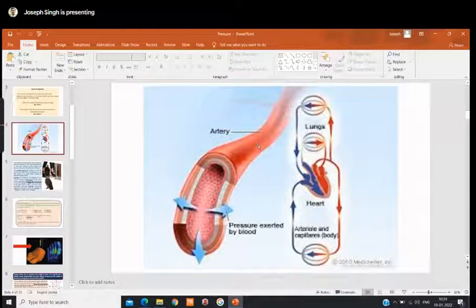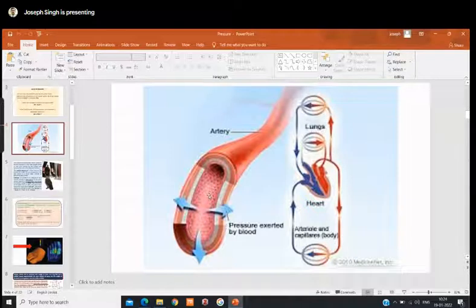So your arteries, if they are okay to bear that load, it will be fine. Otherwise, what is brain hemorrhage? The arteries in the brain just cannot handle this pressure and they start bleeding. That's why the word brain hemorrhage is there. Hemorrhage is what? Injury to the arteries or veins.